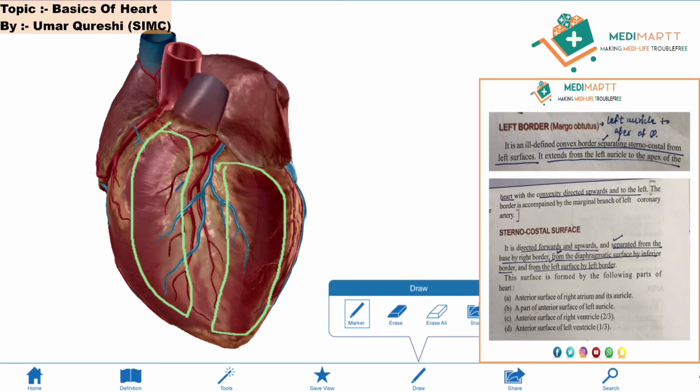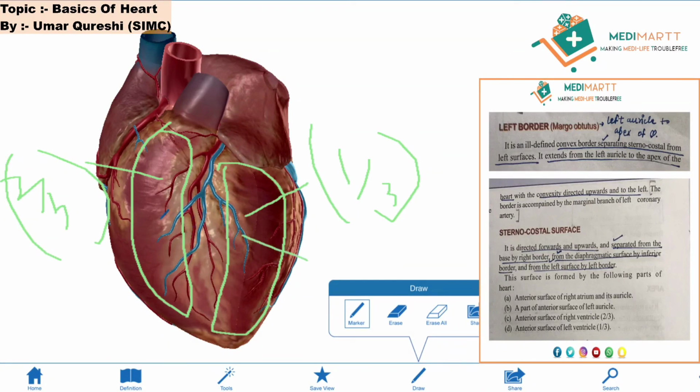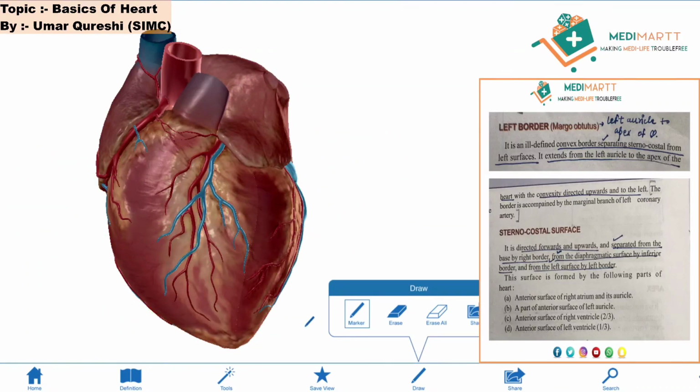So the anterior surface of the right ventricle means 2/3 of the anterior surface is the right ventricle, and 1/3 of the anterior surface is the left ventricle. The left is smaller and the right is greater in the sternocostal surface. So 2/3 portion of the right ventricle is used and 1/3 portion of the left ventricle is used.